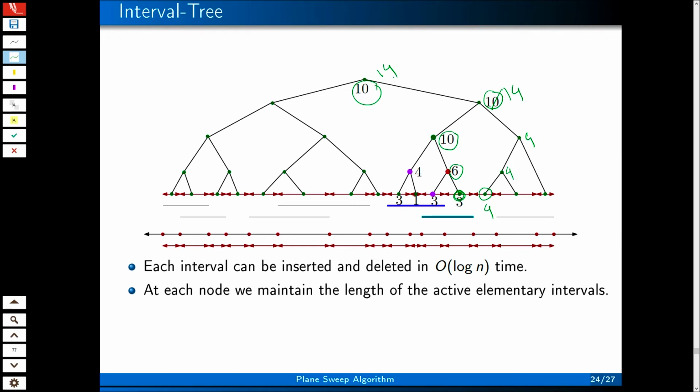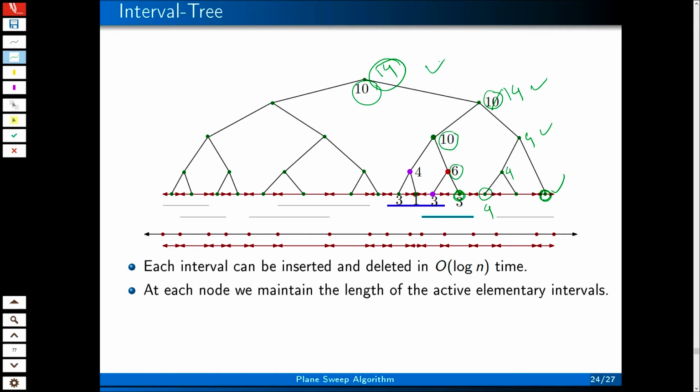Clear? Suppose one interval is represented in only one node here. I need the length of the active intervals here. How many changes do I have to make? Log n, right? Here, here, here, here.